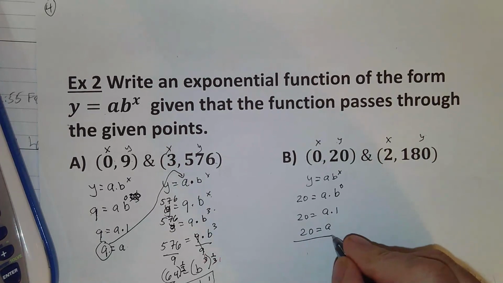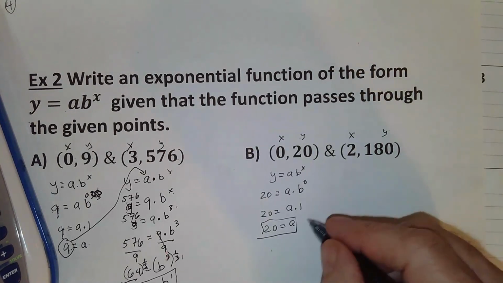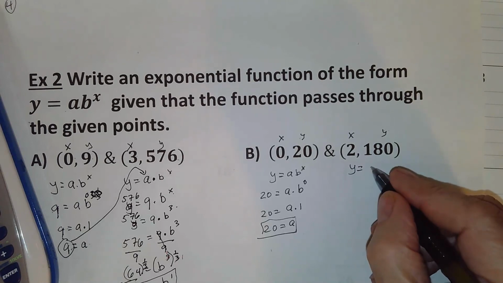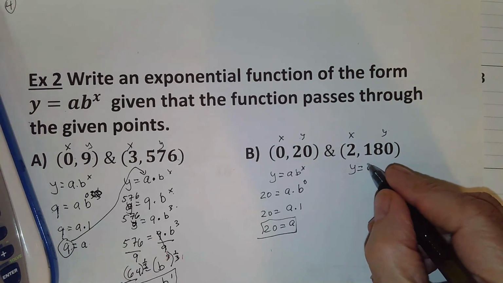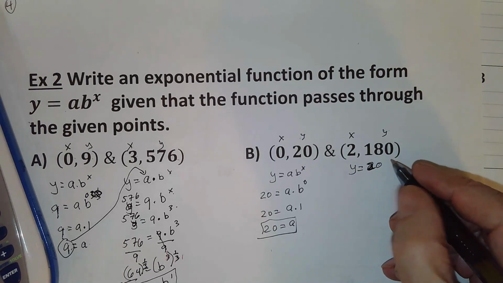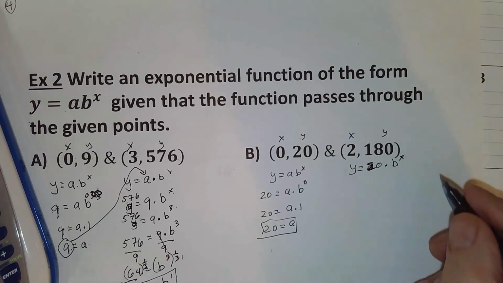Okay, so now you've got the first part of it. You got your a. You're going to plug that into your generic equation, a times, let's just put the 20 in, 20 times b to the x. Okay.